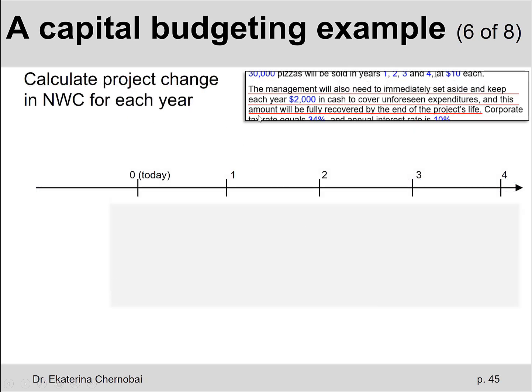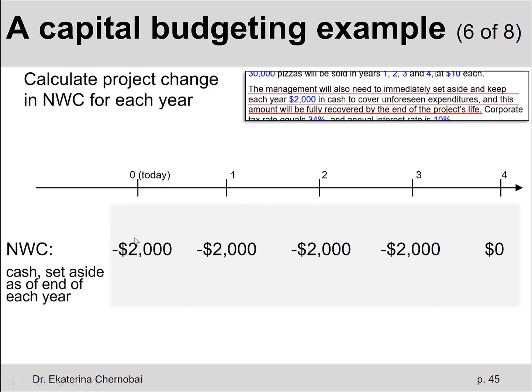Next, calculate project change in net working capital for each year. So what do we know about the net working capital? We know that we would need to immediately set aside $2,000 and keep it at that level each year. So the net working capital will equal $2,000 invested right away.